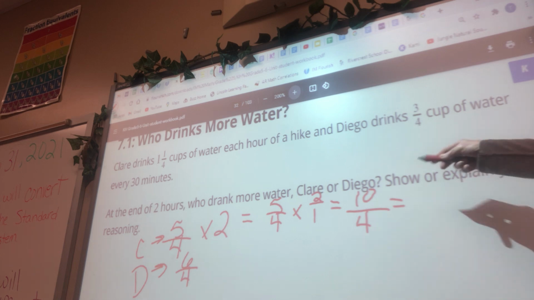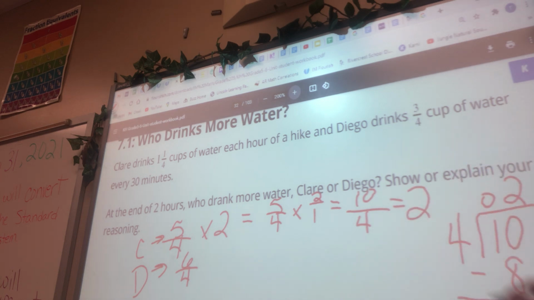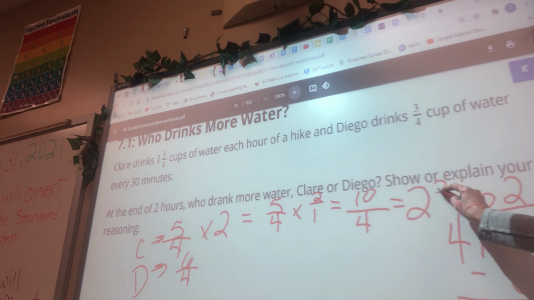So we have to look at it like 10 divided by 4. Will 4 go into 1? No. So we placeholder 0. Will it go into 10? Yes. How many times? 2. 2 times 4 is 8. And then we subtract. 2. So we have 2 whole ones and 2/4 left over.